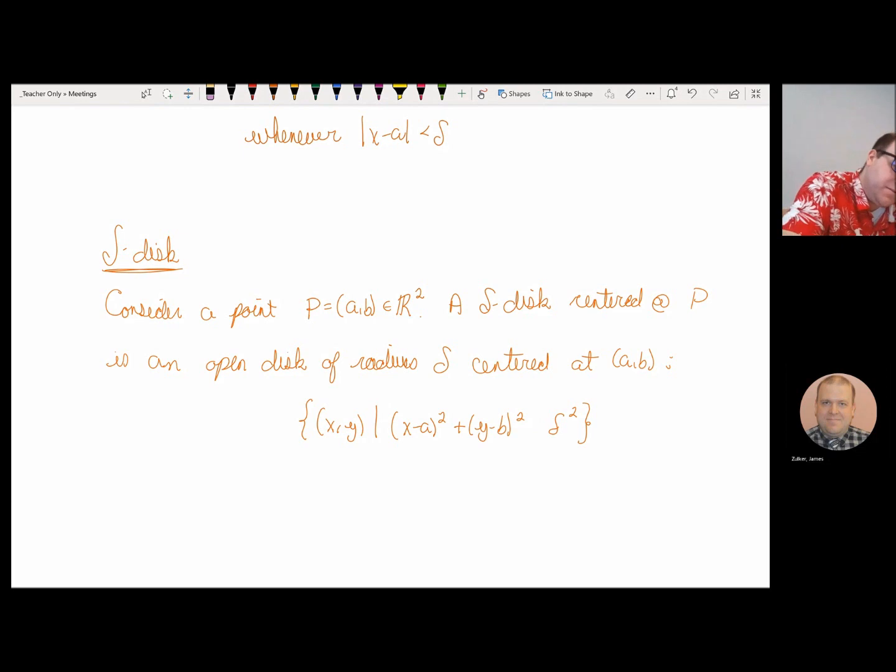Oops, open, so it's not less than or equal to, it's just less than. Delta disk centered at a point is just an open disk of radius delta centered at that point.